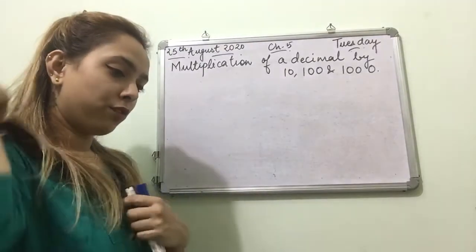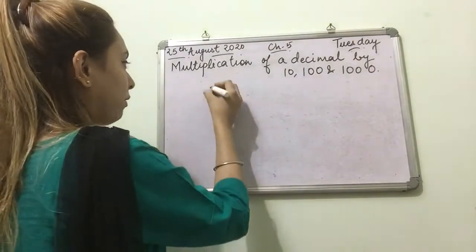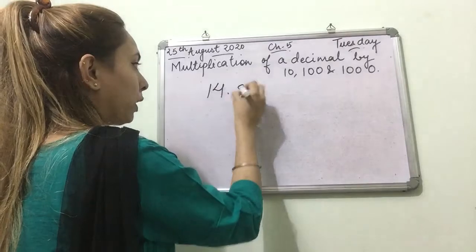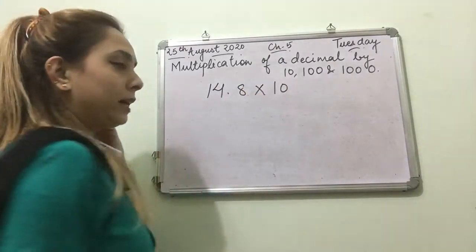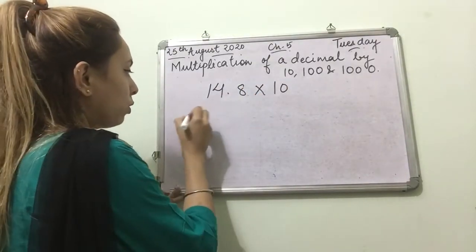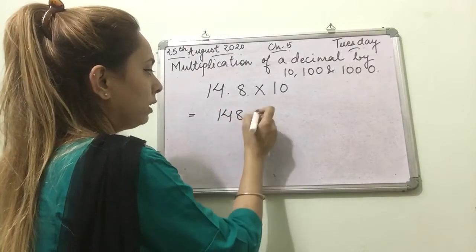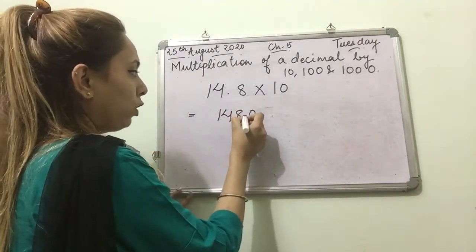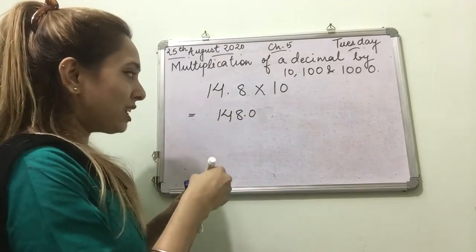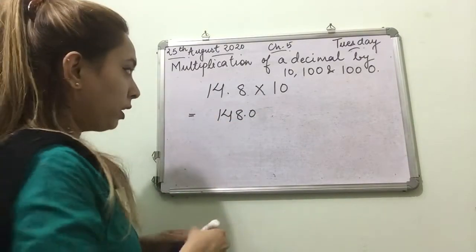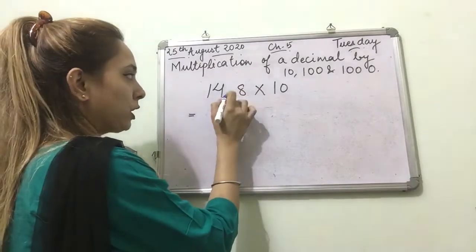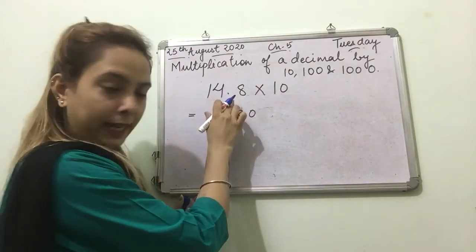Our first example was 14.8 multiplied by 10. We multiplied like this and then we got the answer. Students, just see, in your question the decimal was before 8.